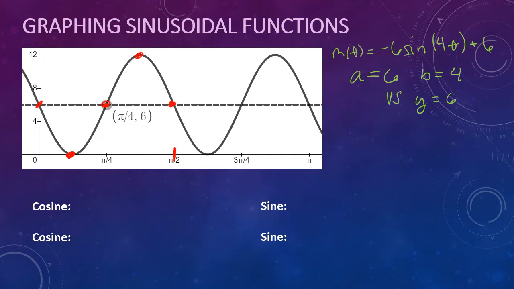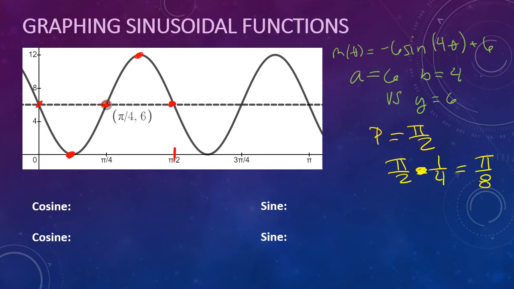This is one full cycle of my sine function. If I take my period of pi over 2 and divide it into 4 equal parts, each quarter of that graph is going to equal pi over 8.